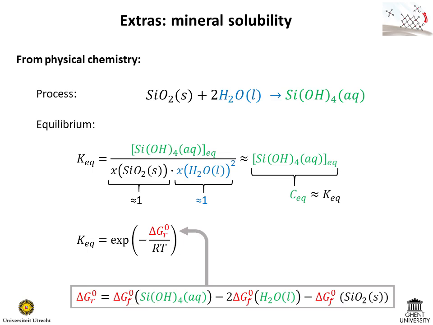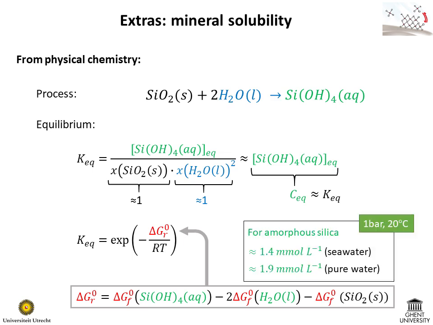Now, the equilibrium constant can be calculated from the standard Gibbs energy of the reaction, delta G_R^0, which in turn can be calculated from the standard molar Gibbs energy of formation of the products minus the reactants, as shown below.